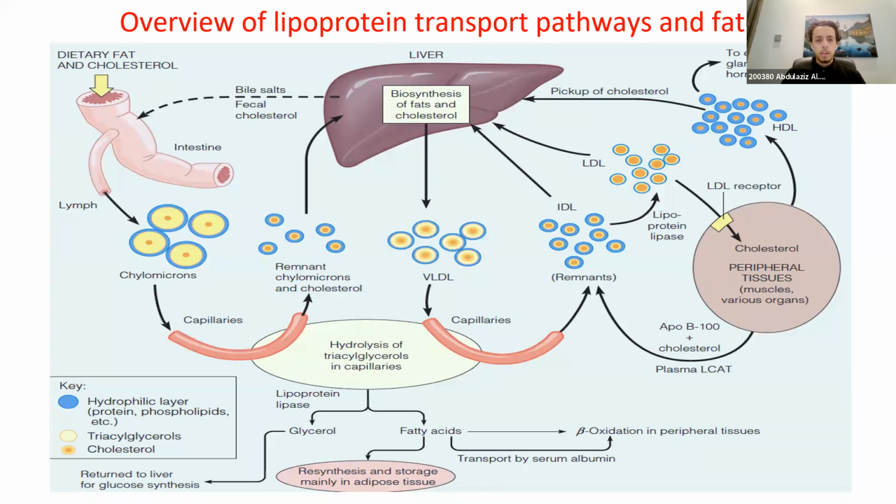So this slide, I think you guys have already seen in much more depth in the lipoprotein lecture. So you probably know much more details than what I'll be covering today. But I like this graph because in the key, we can see the different components of the lipoproteins.